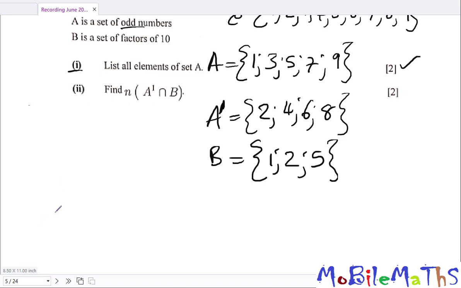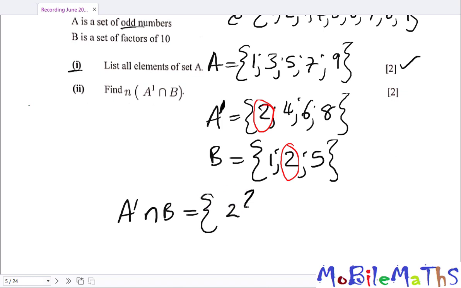We are going to do A complement intersection B. We are checking common things that are in A complement and B. So I've got a 2, I've got a 2. Do I have anything else? I don't. So this is the set, it has got 2.